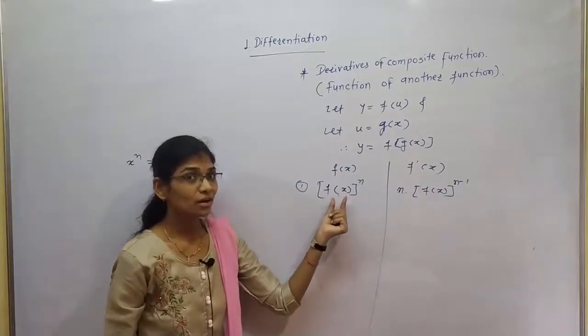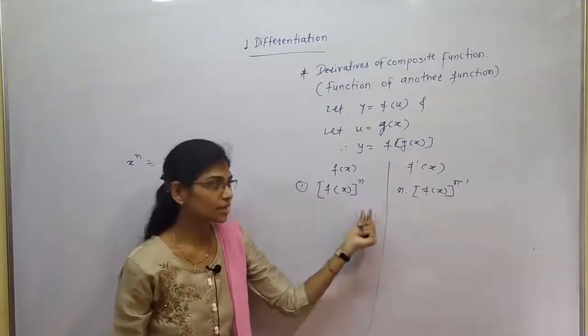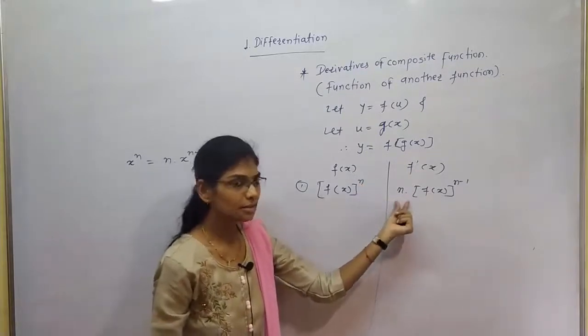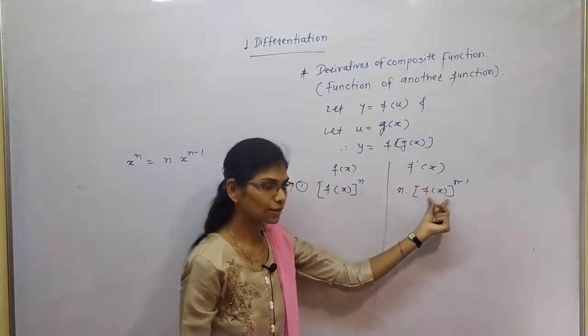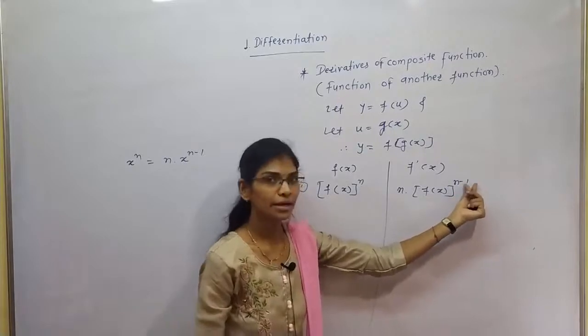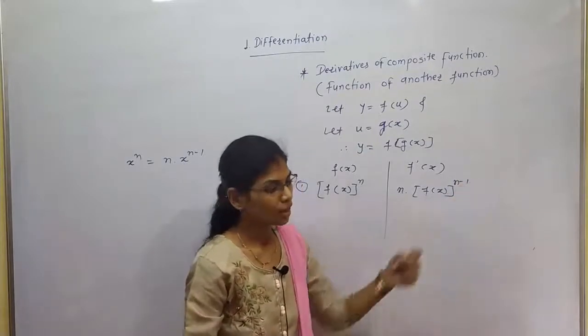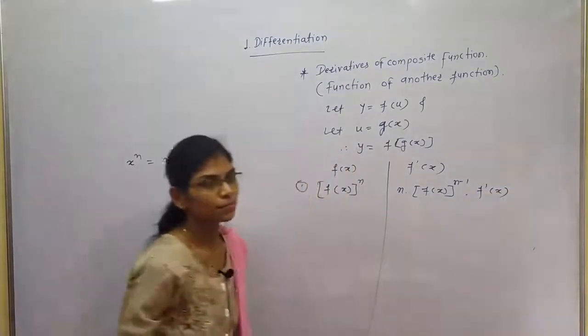Function: one of the formulas is for the function raised to n. Its derivative is the index multiplied by the whole function raised to that index less by 1, multiplied by the derivative of that function.